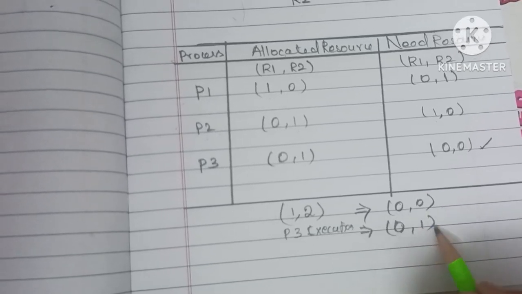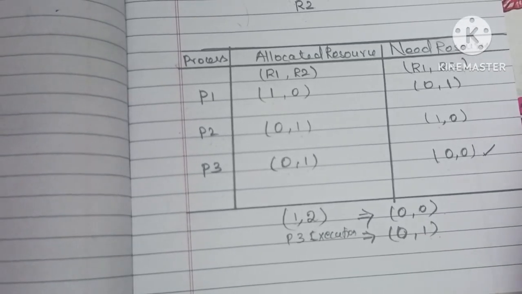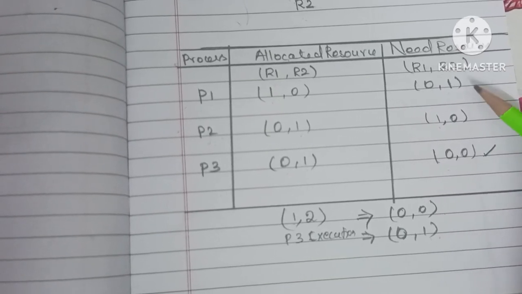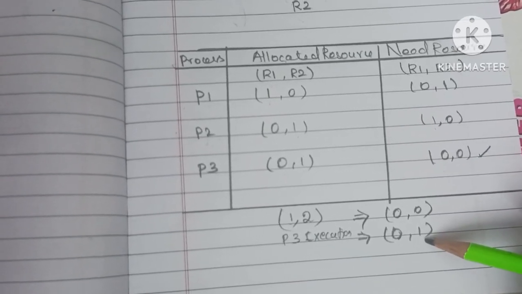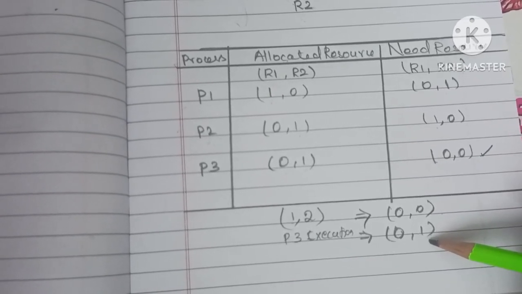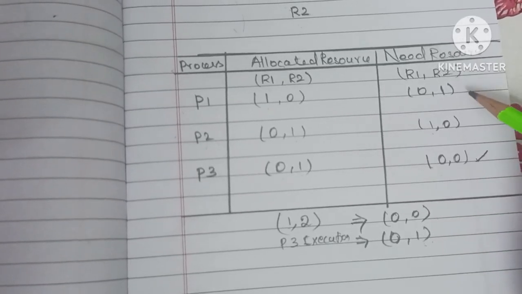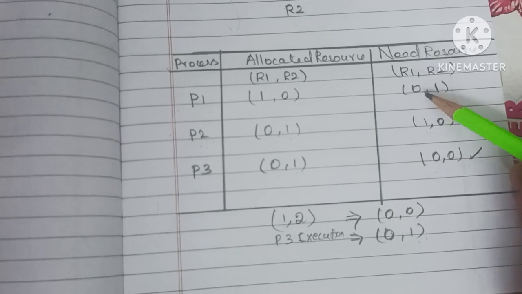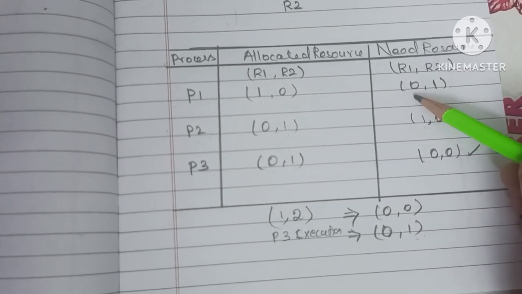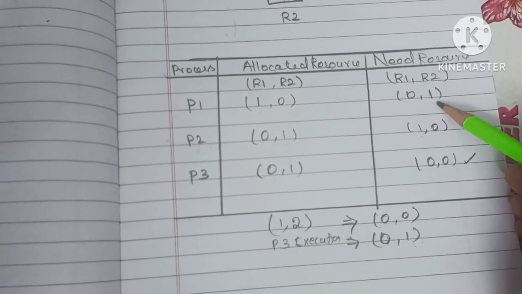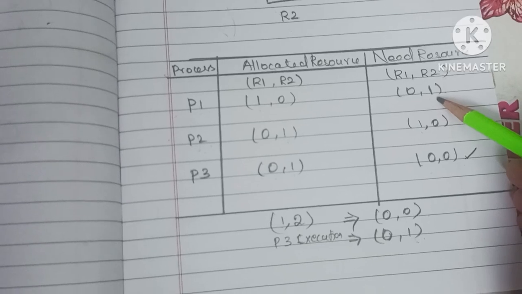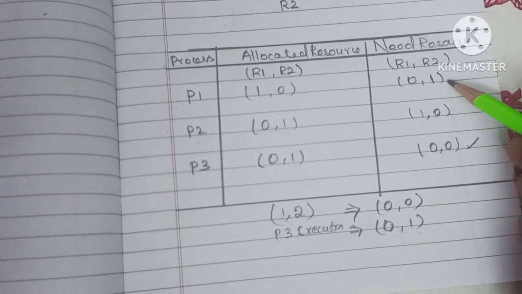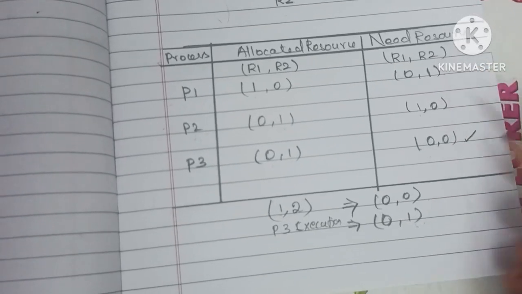Then with this availability we can try to execute another process. Here we have one instance in R2, so with this we can try to execute the process P1. To execute the process P1, it needs only one instance from R2. So with this availability we can execute the process P1.